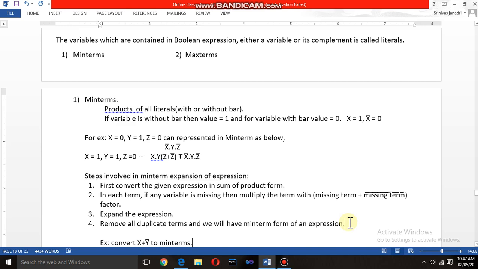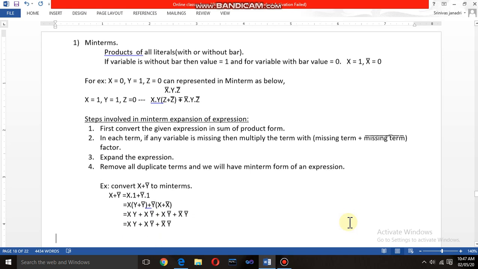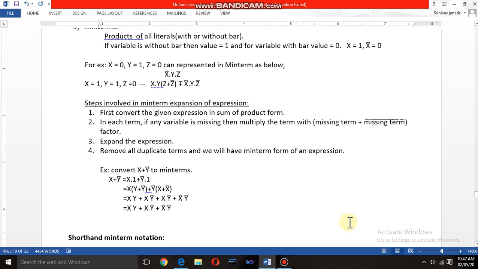Now let us take one example. Convert x plus y complement to the min terms form. First, look at the system, or expression, whichever you call it.